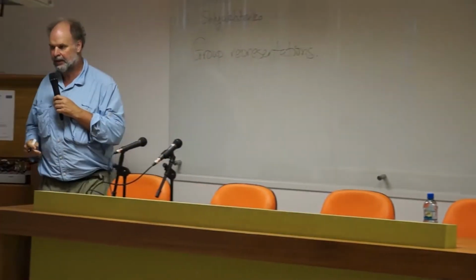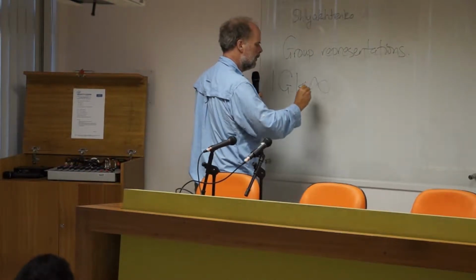And I want to start nice and easy with the theory. We're going to take a group and it's going to be finite. So the theory of representations, at least over complex numbers, of finite groups was pretty complete by the end of the 19th century.